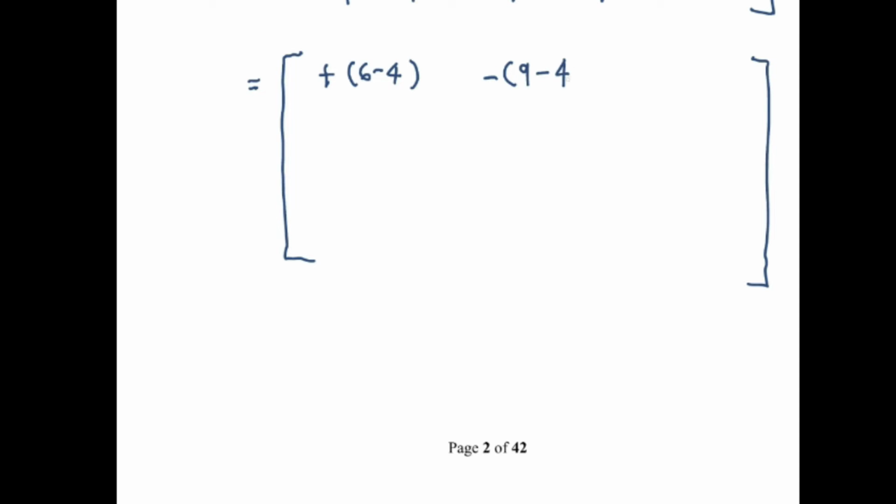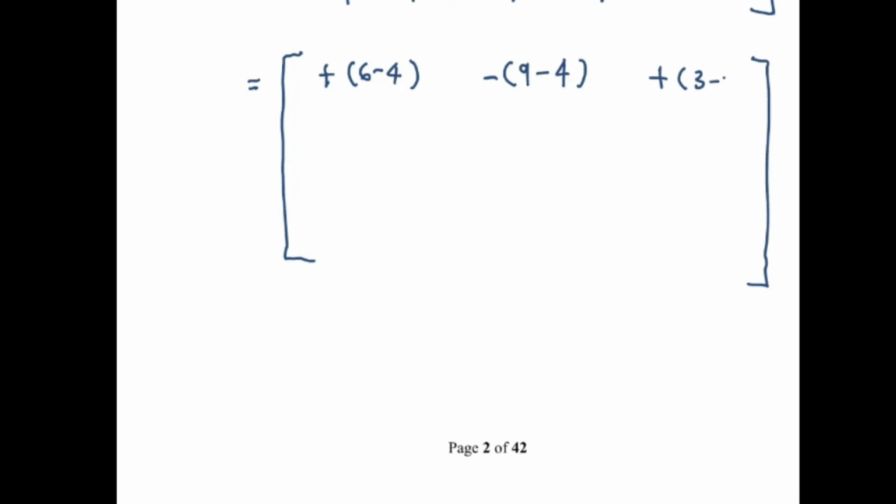Understand? Then we solve here by using the determinant formula AD minus BC. Here, the first one should be 2 times 3 minus 4 times 1, so 6 minus 4. And then here, negative 9 minus 4.